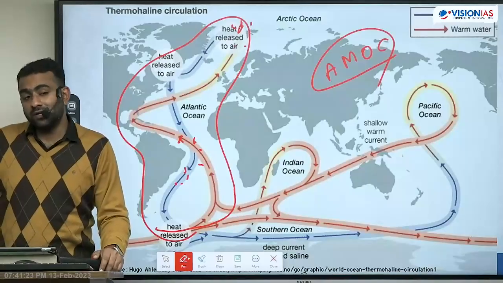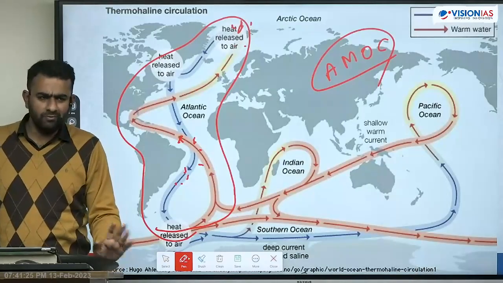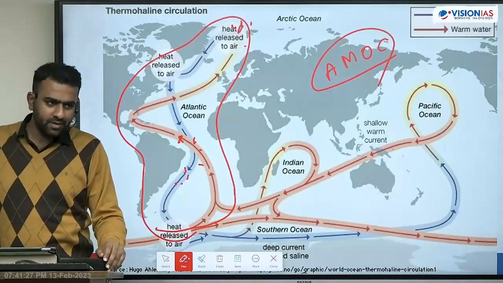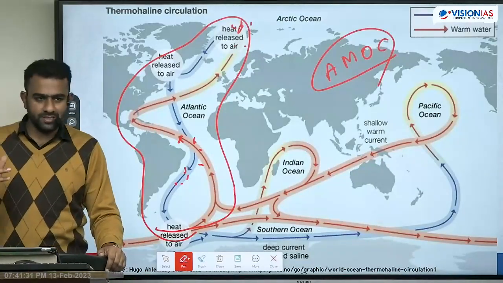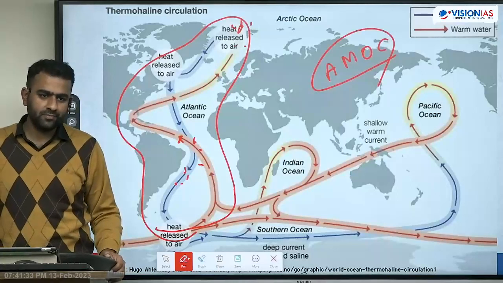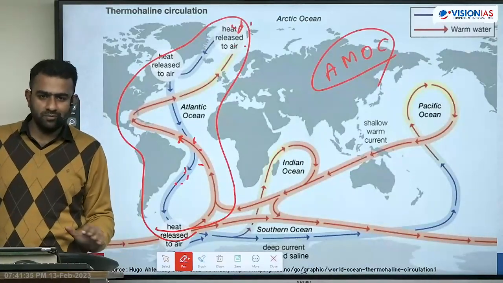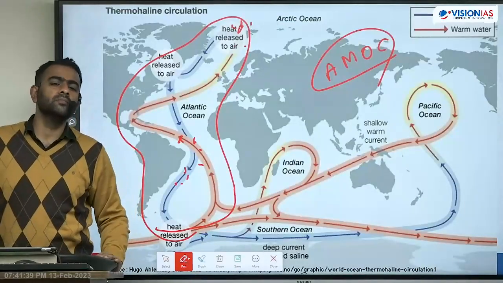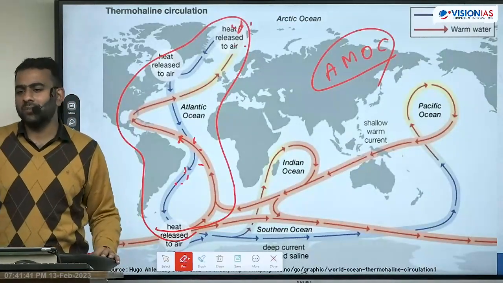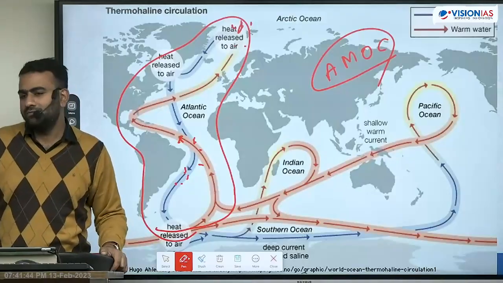Now what is the effect of this? Various different effects. On the surface of Earth we have different critical points, tipping points. Tipping point means once we cross that point there is no coming back. For example, the Amazon rainforests.